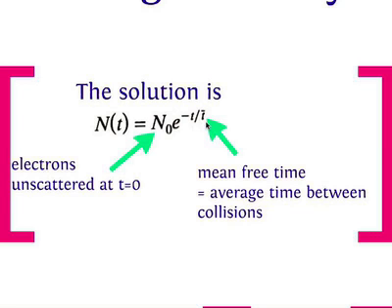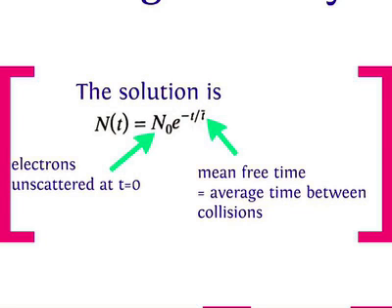At some t equals t bar, what is this? Let's just plug in. What happens? t equals t bar, e raised to minus 1. What's e raised to minus 1? It's 1 over e, right? So this number is just n naught over e.